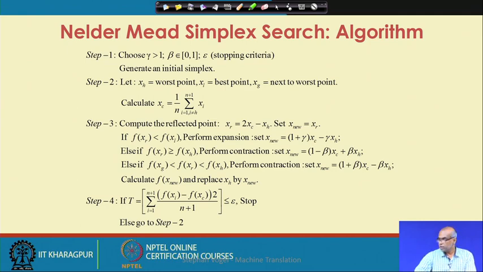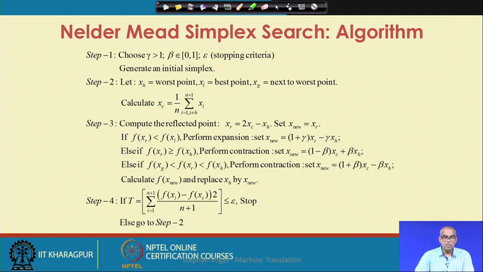You generate an initial simplex. How will you generate the initial simplex? We have discussed it in our previous lecture. You have to find out delta 1 and delta 2, and given the scaling factor alpha, you can generate the initial simplex.